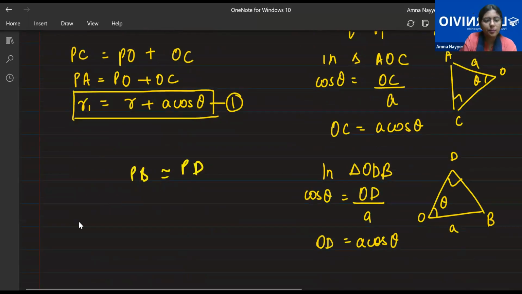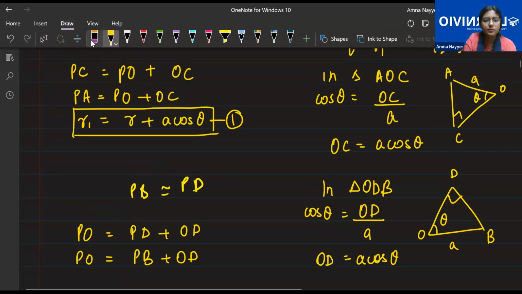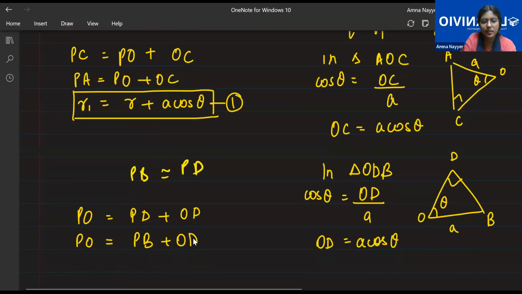PD can be replaced with PB, right? So I can say PO is PB plus OD.